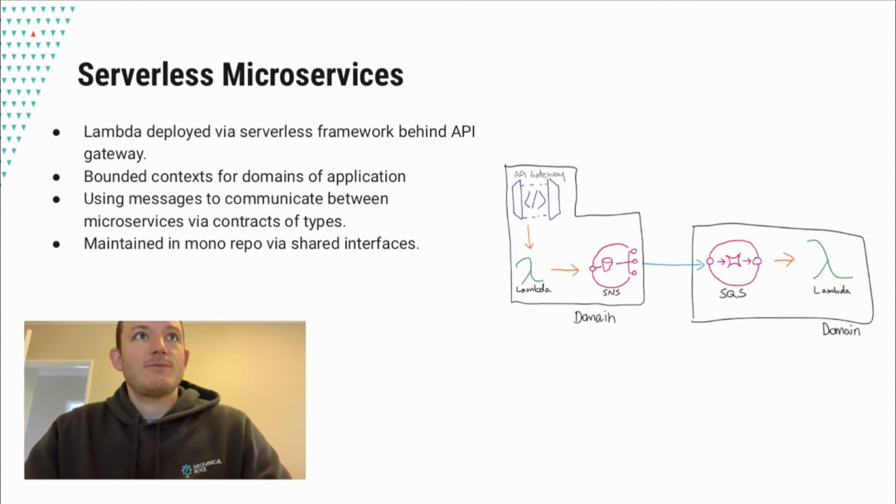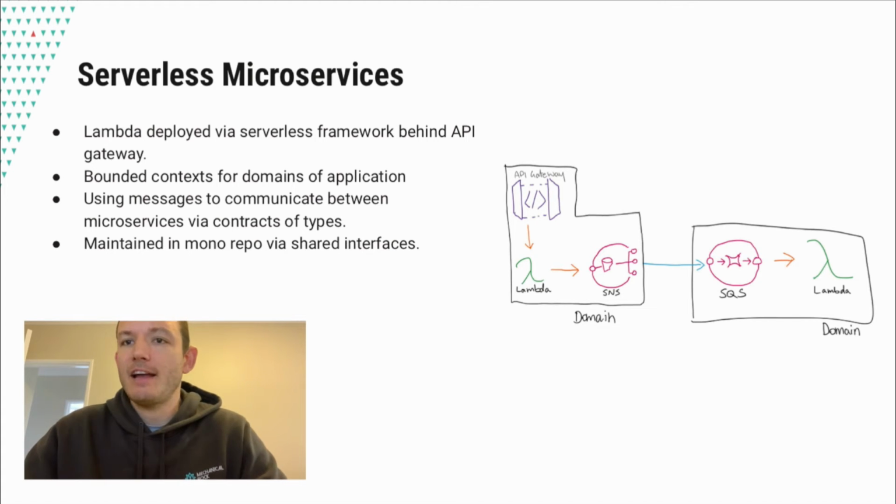Serverless microservices, right? So this is where we get into the meat of our domain here. If you have a look, you'll see on the right hand side that we've got 2 domains in this instance, and we've got API Gateway talking to Lambda, which pushes a message to SNS, and SNS then notifies all of its interested subscribers.